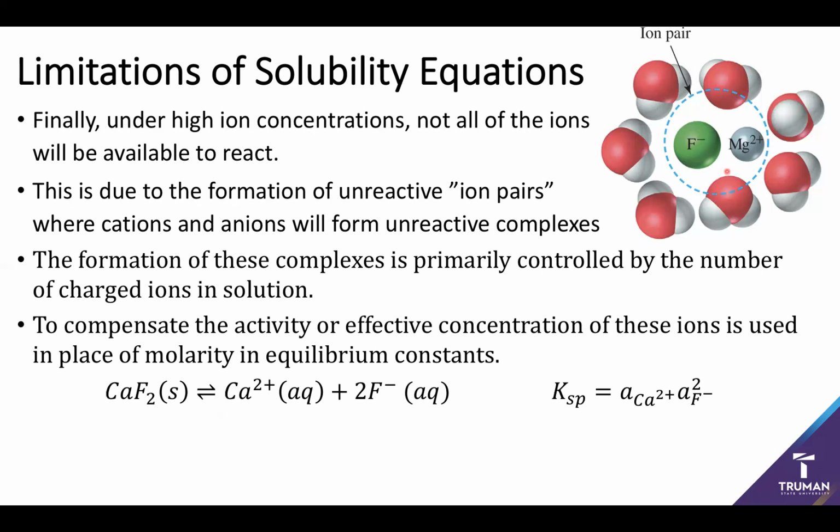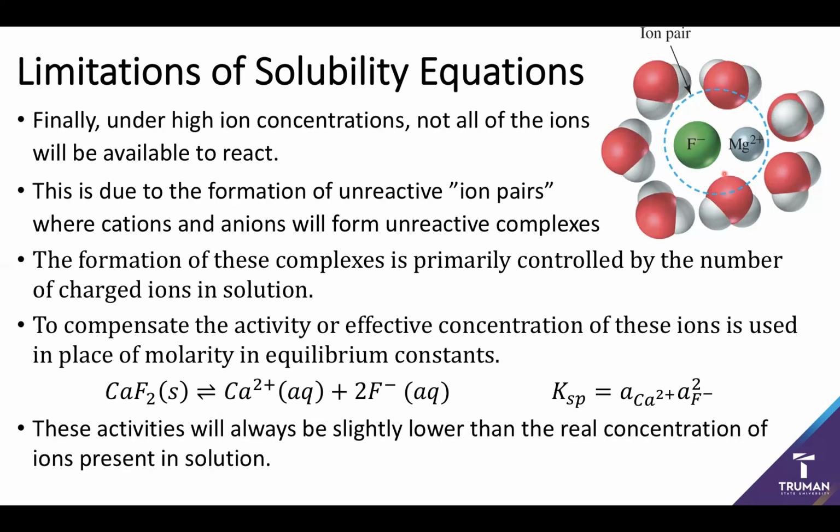Now, actually calculating these activities can get quite complex, but qualitatively, the important thing to note is the activities will always be slightly lower than the real concentration of ions present. So the activity of calcium will always be a little bit lower than the concentration of calcium.